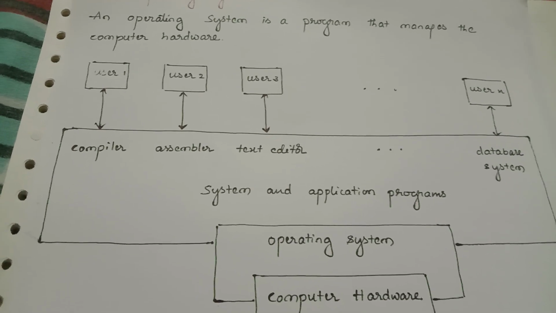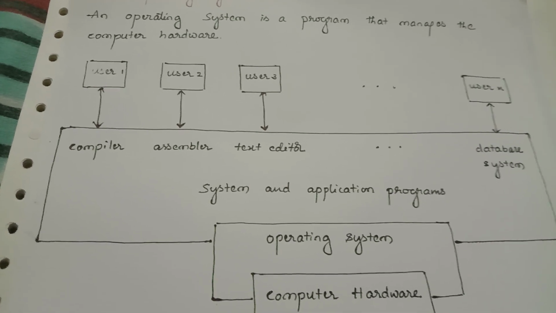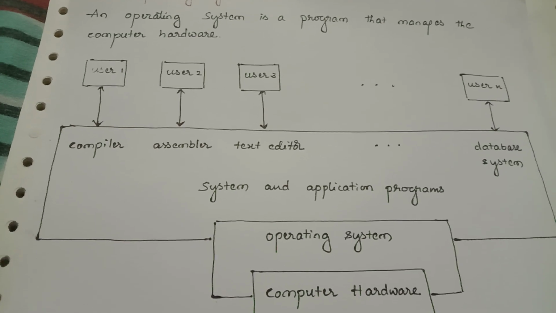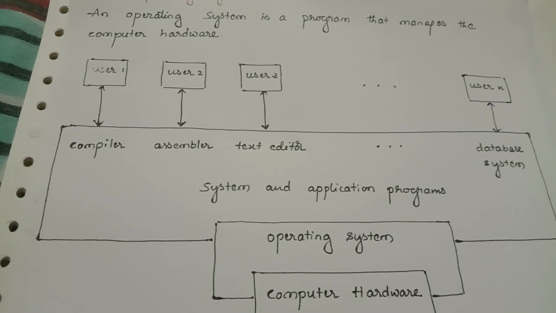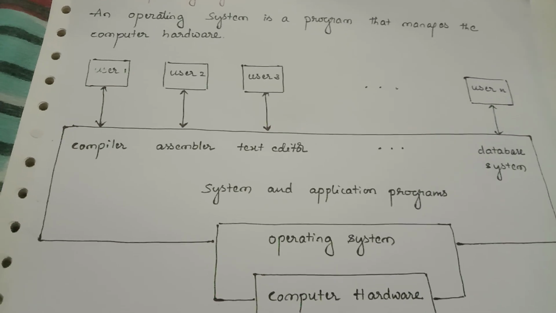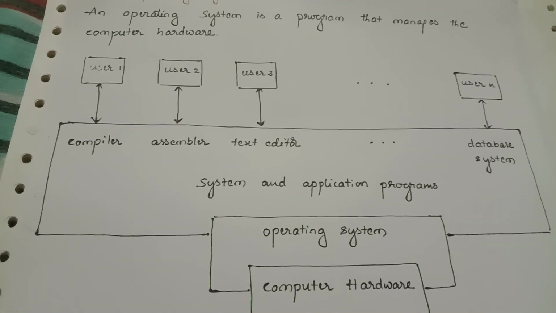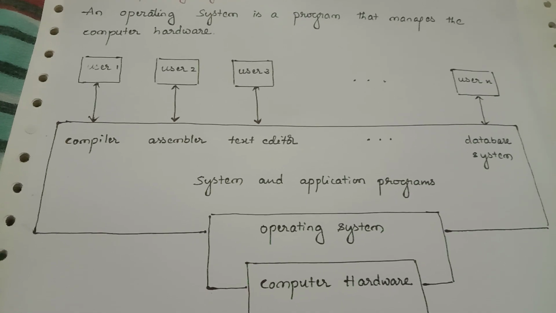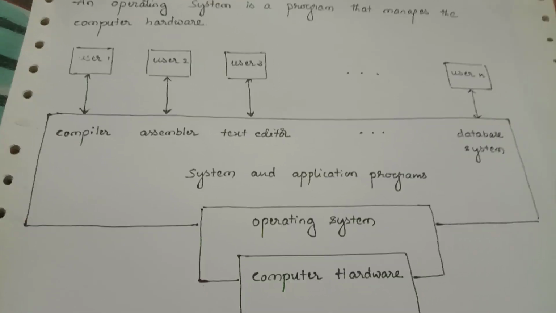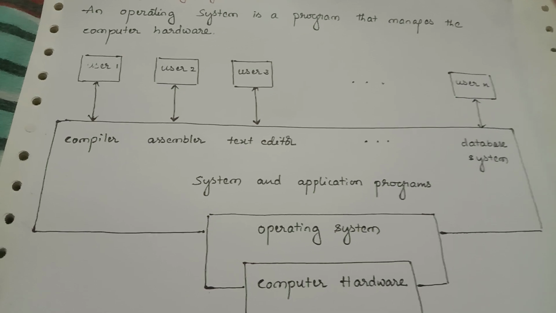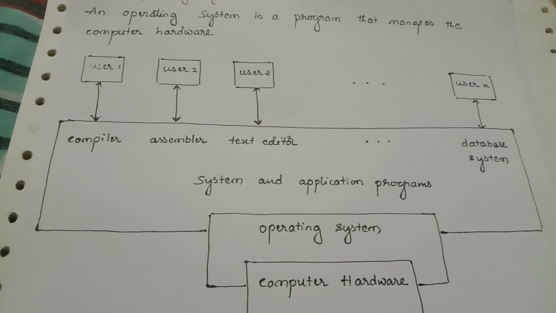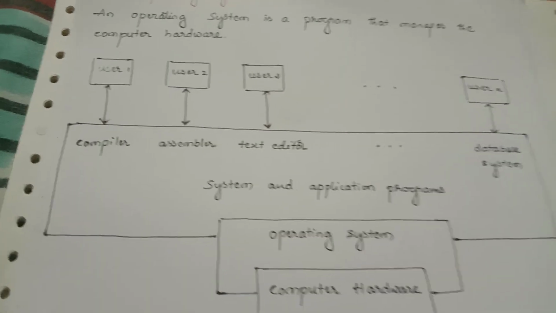Some operating systems are designed to be convenient, others to be efficient, and some may be a combination of these two. So, the operating system may be different for different types of computers, doing different jobs, but the operating system is the same one.